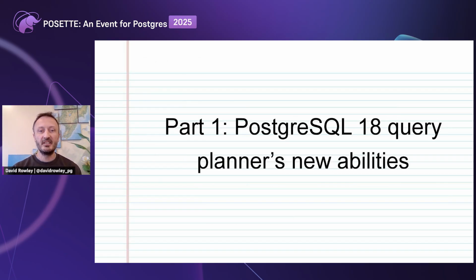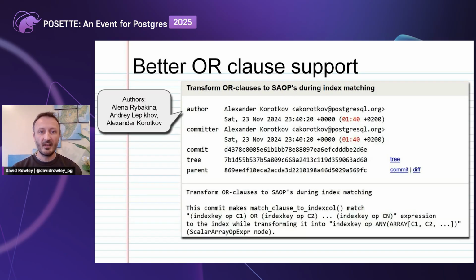So, starting on part one, just about the format that I'm going to use here: in each feature that I'm going to talk about, I have pasted details about the actual commit. If you want more details, you can look up that commit number. These commit messages are often quite long for these features, so I've had to truncate them in pretty much all cases because they don't fit on the slide.